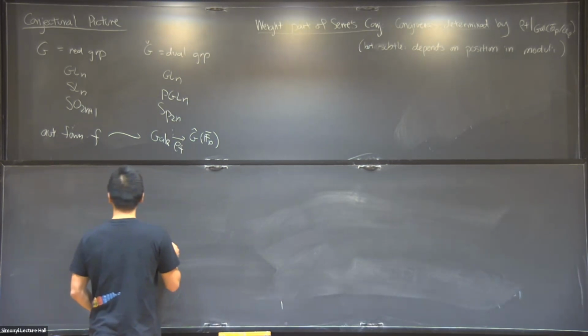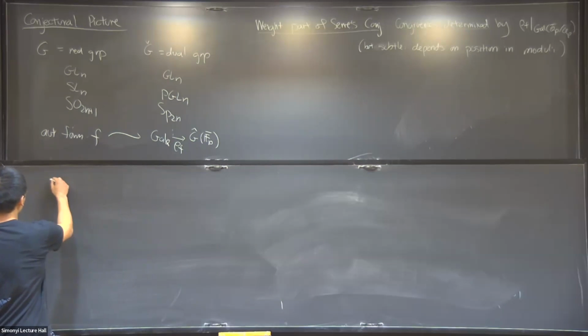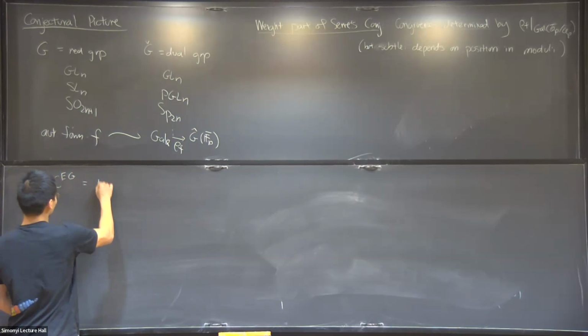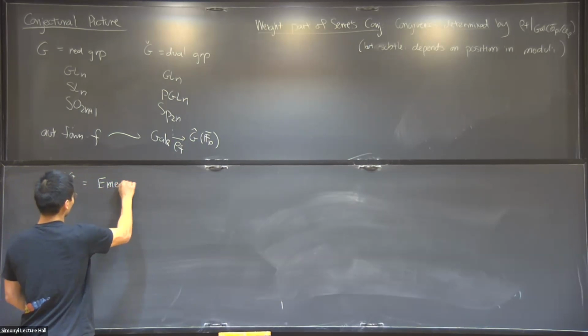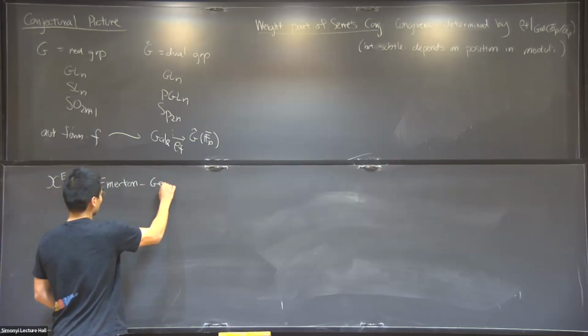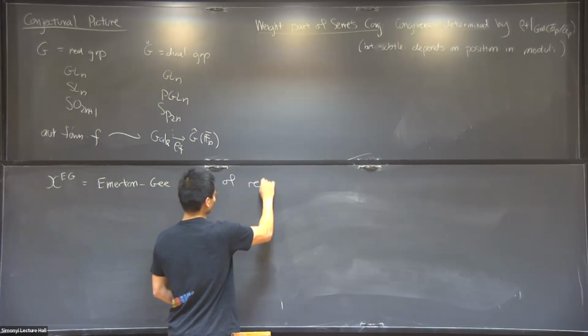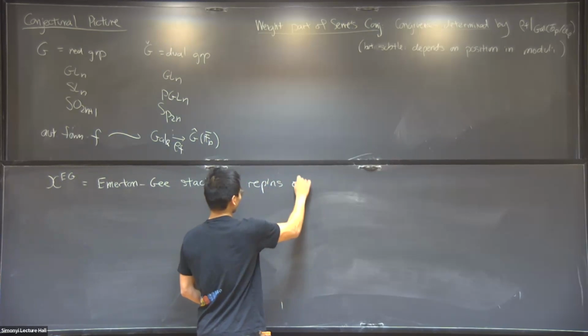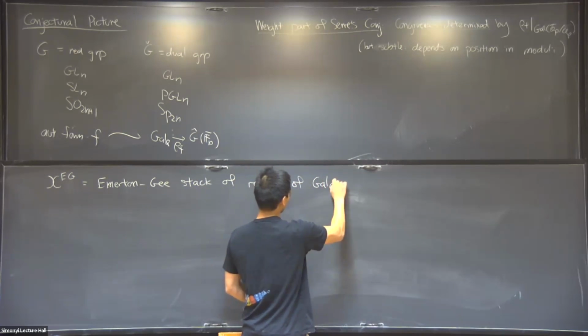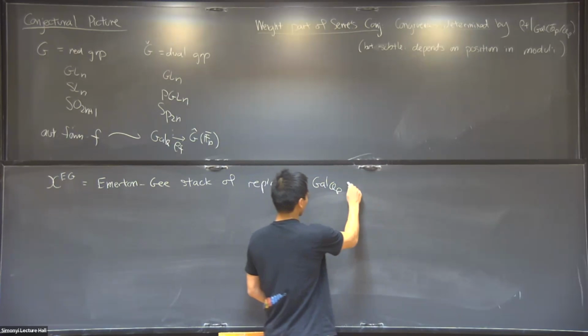So the idea will be that there's this space X, E, G, Hamilton G stack of representations of Gal Q_p into G hat.